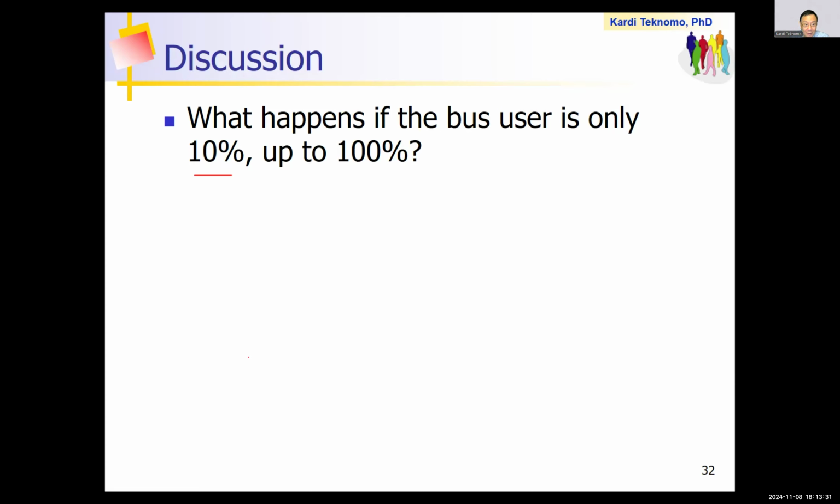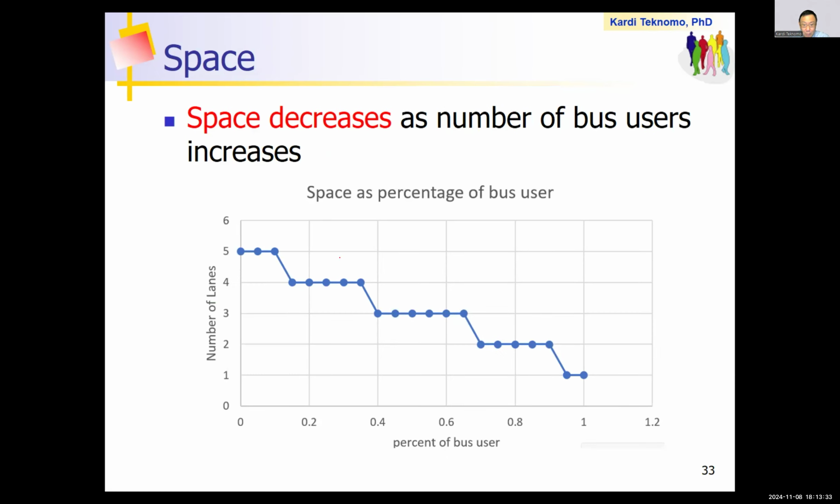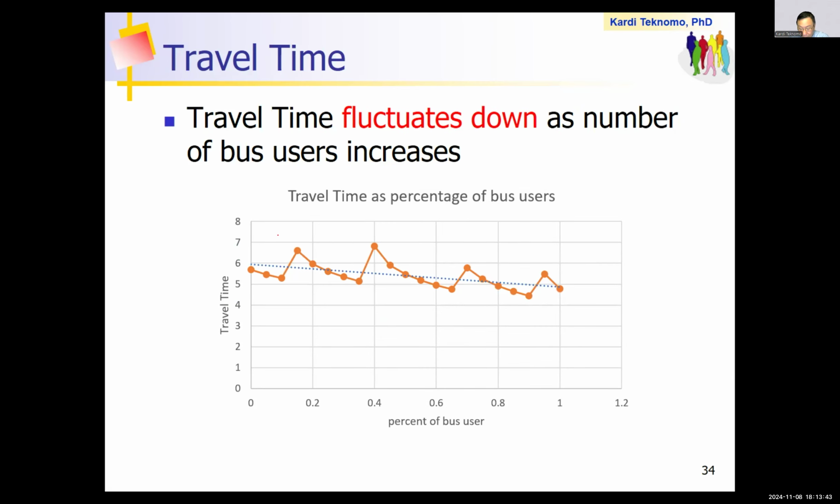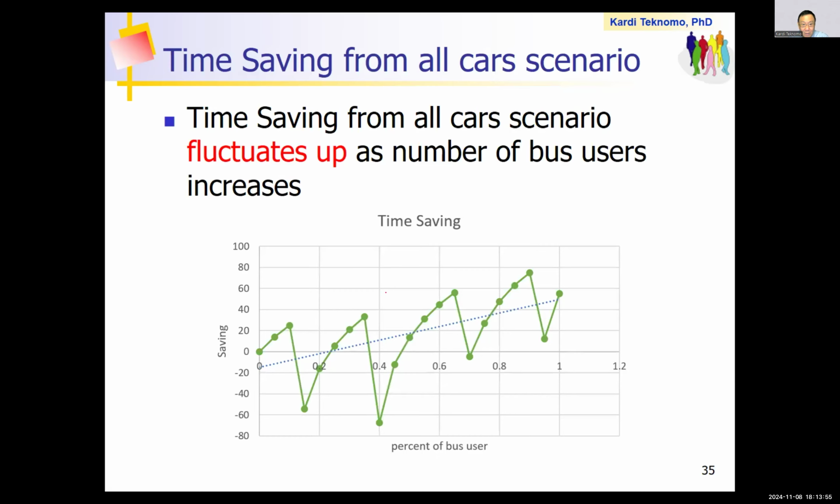Then you plot the number of lanes, as the space, and you also plot the travel times. I hope you can do this in a short practice. And then you can also calculate the time saving from the all-car scenario, as the percentage of bus users increases.